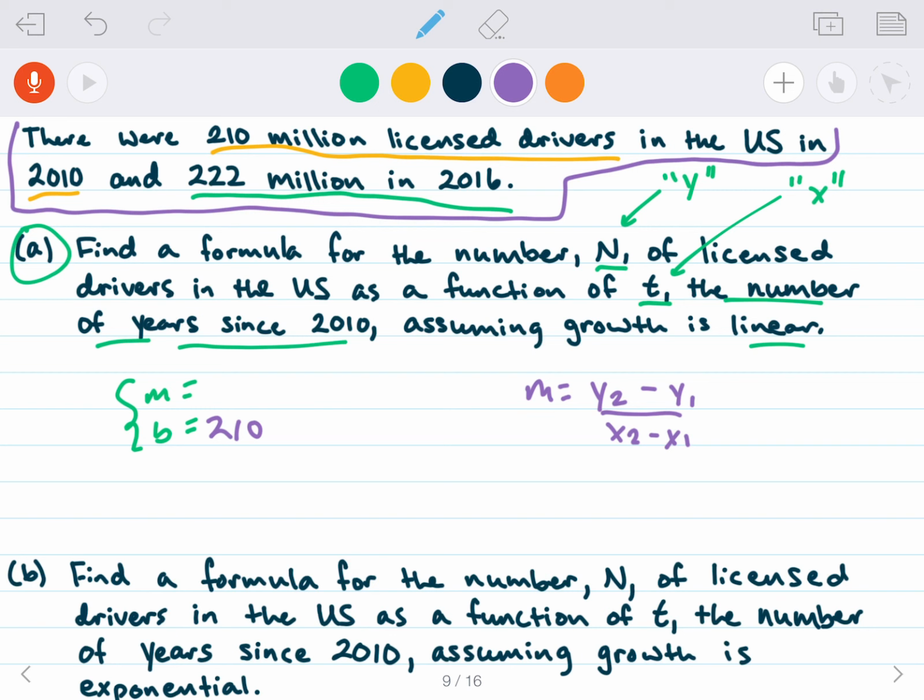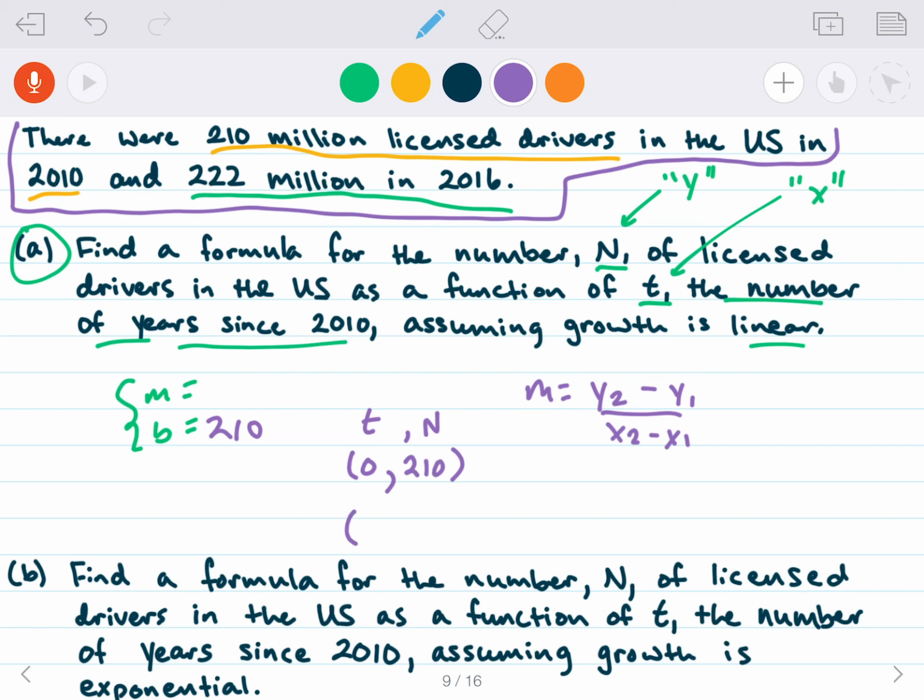Okay, so our input variable is t, our output variable is n. t, by the way, is time since 2010. So when t equals 0, we're in 2010, and there are 210 million licensed drivers there. So one point that we have is (0, 210).